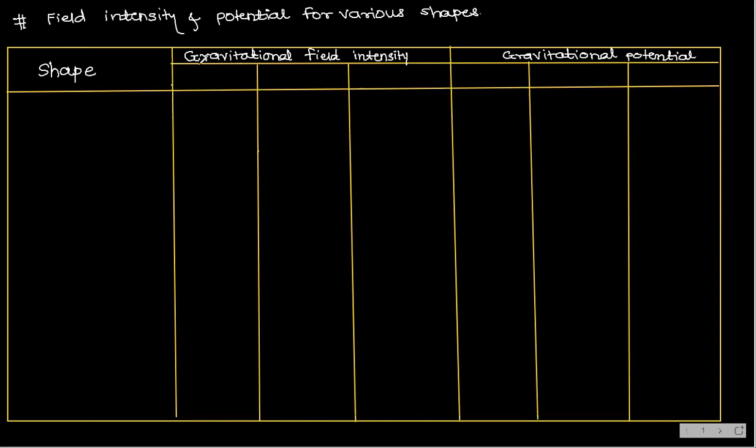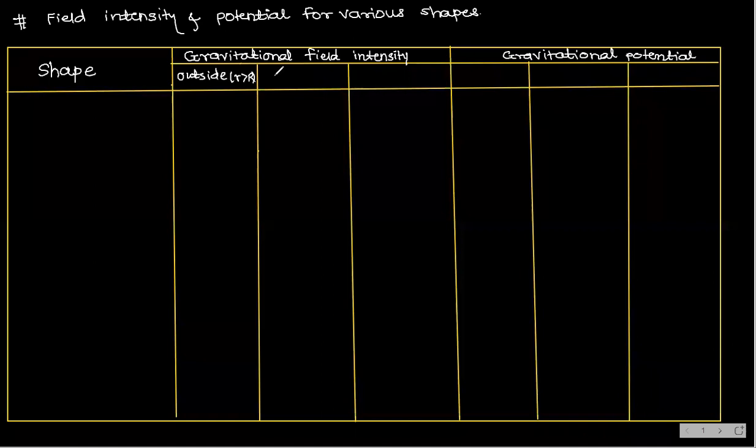Now here, first one is point is outside, so this small r is greater than capital R, we can say.